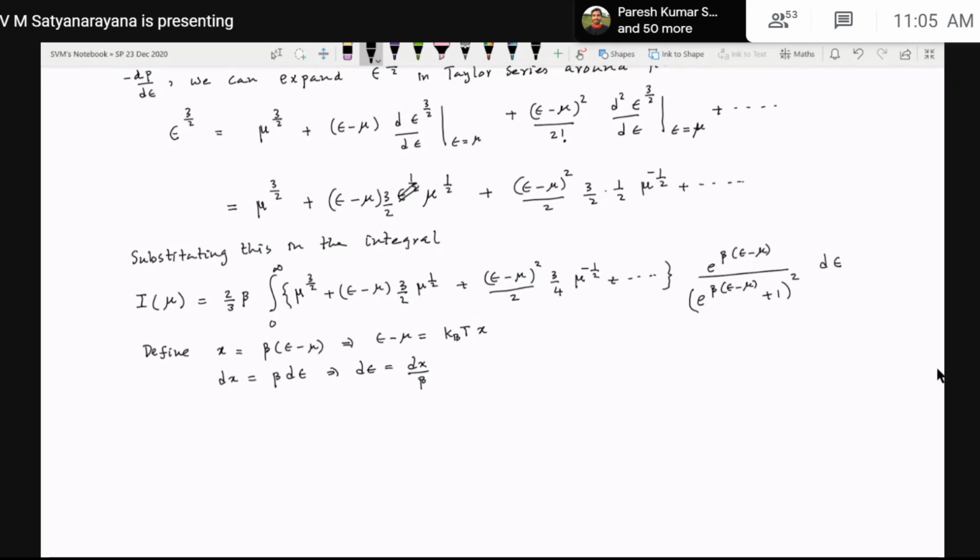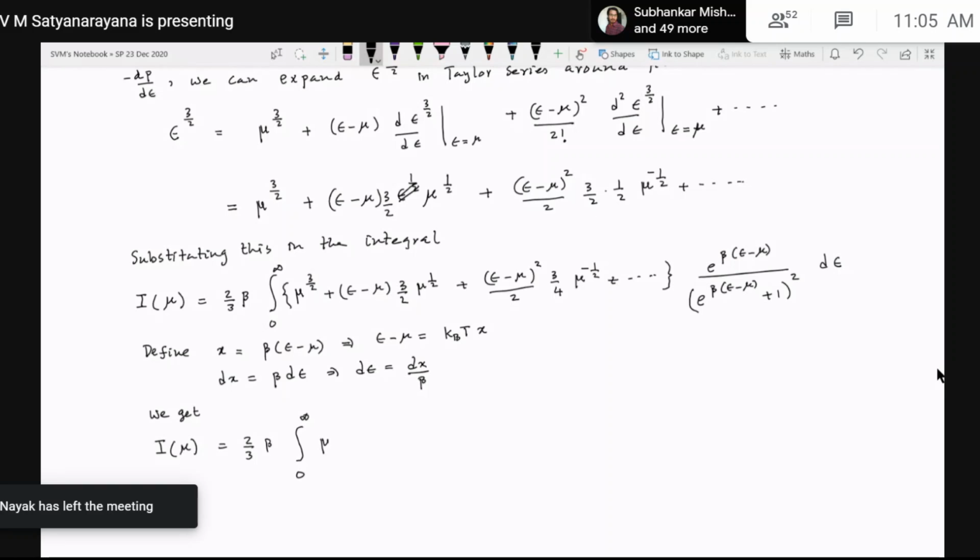Okay, so if I use this, remember there is a beta here, so we get this I of mu to be 2 by 3 into beta integral 0 to infinity mu to the power 3 by 2. And what is epsilon minus mu?